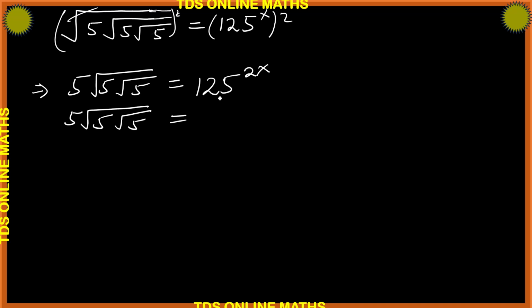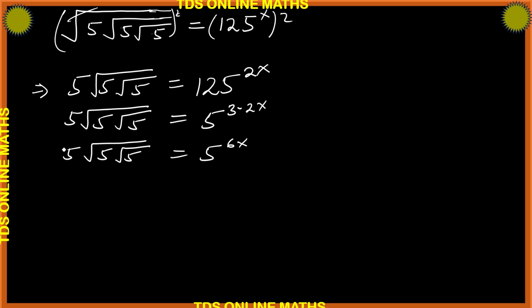So 125 is the same as 5 to the power 3, times 2x here. So I have 5 times that times that, so we have 5 to the power 6x. As simple as that.